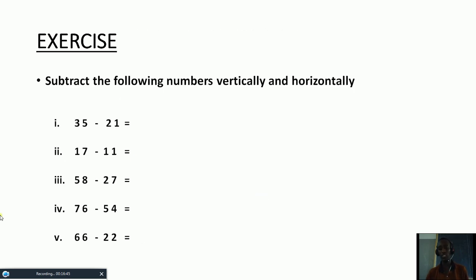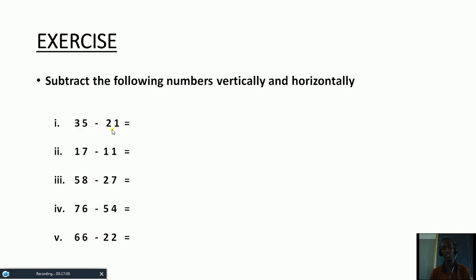Okay, good. Now after knowing that, we have a simple exercise to do about what we discussed earlier, to subtract numbers vertically and horizontally. Our first question is 35 minus 21.